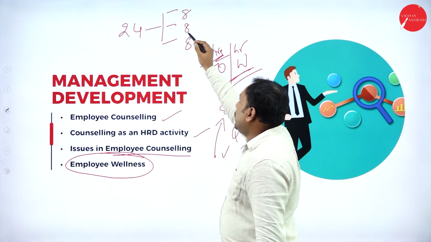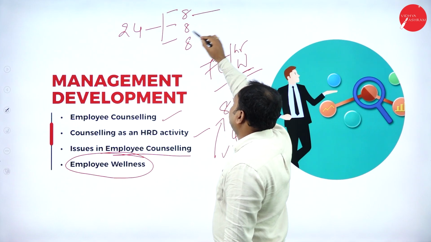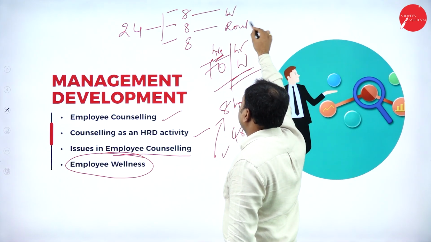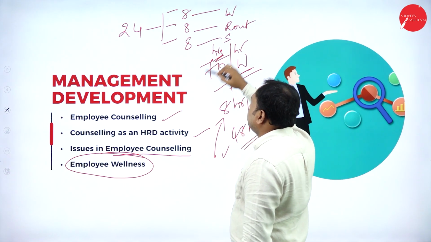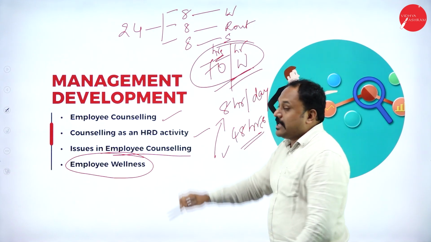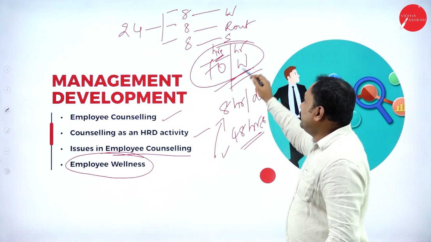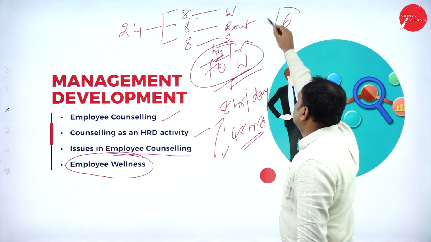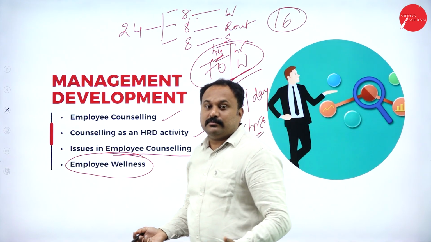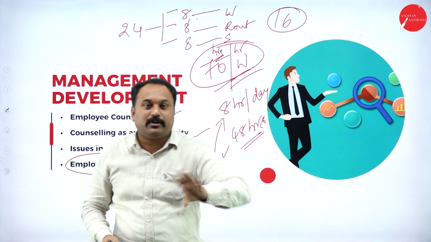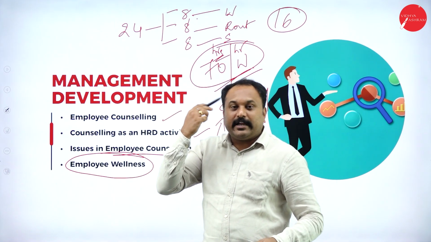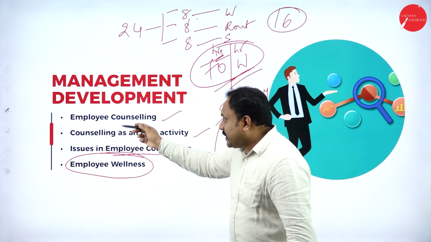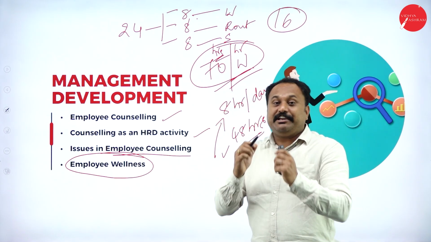So here is how it goes: 8 hours for your work, 8 hours for your routine, whatever you do, 8 hours for your sleep. But what Narayan Murthy says is 70 hours per week, in the sense you are supposed to go with what? 16 hours. Now what exactly are you going to do with 16 hours? And then 4 hours you're going to sleep and 4 hours socializing. So your brain will go mumbo jumbo. That is how it will happen. So be careful. Employee counseling, employee wellness, very, very important.